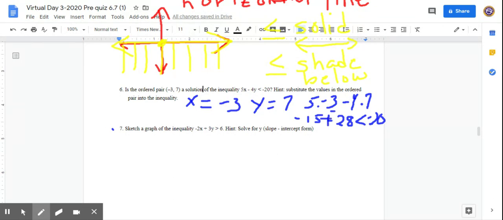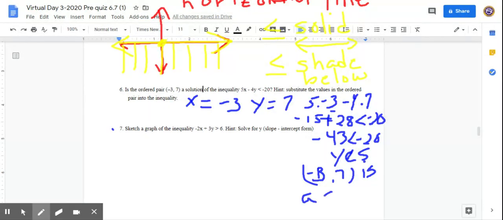So you have two negative numbers there. So that's -43 is less than -20. So you have to ask yourself, is -43 less than -20? Yes. That, therefore, -3, 7 is a solution.